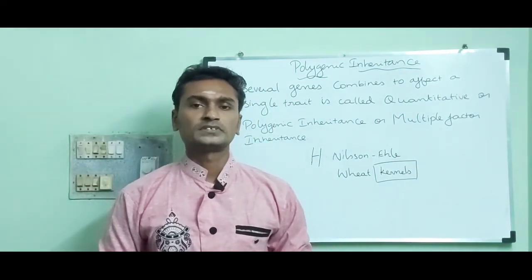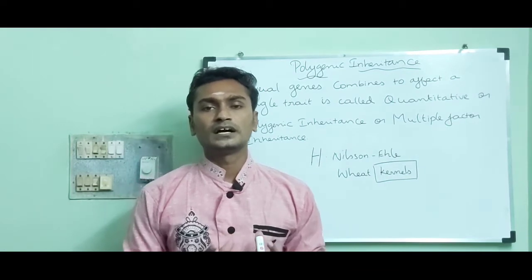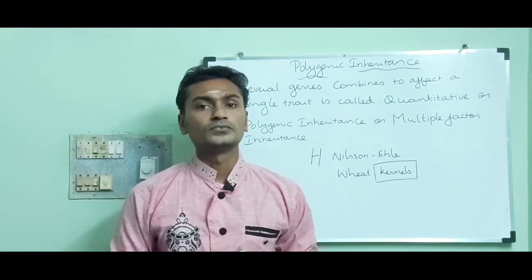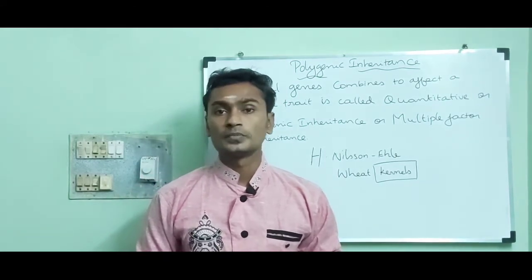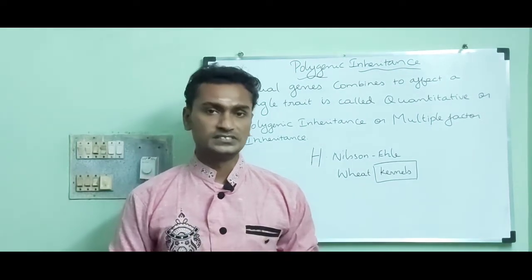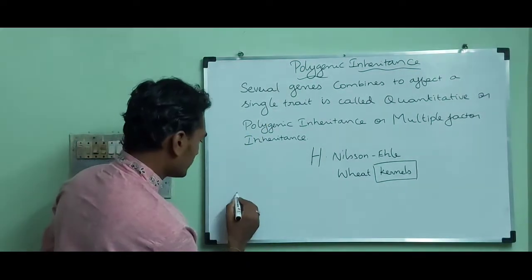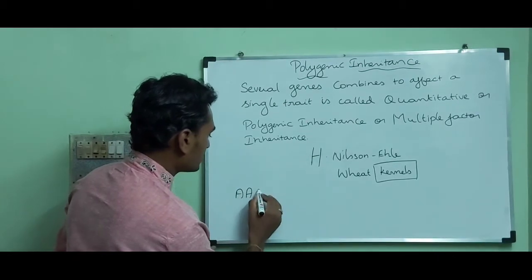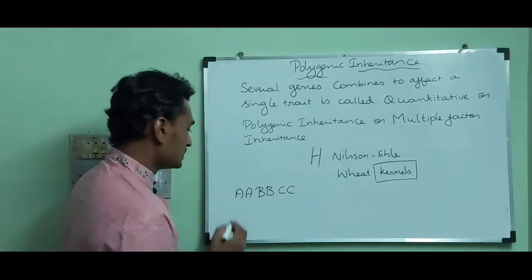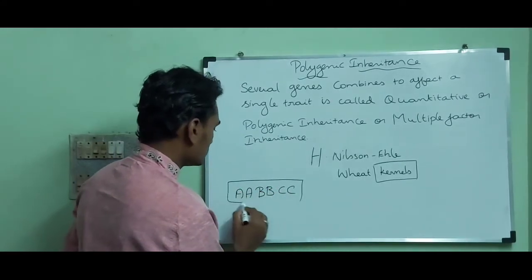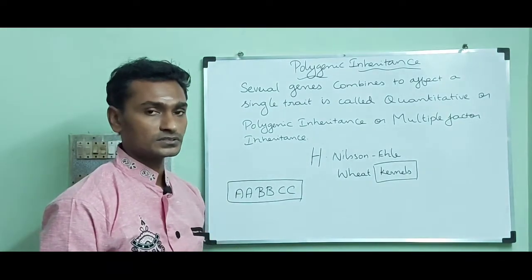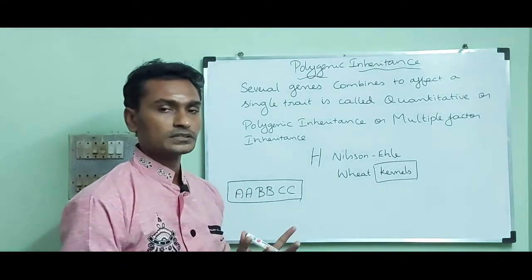That means the 3 independent pairs of alleles are involved in the color of wheat kernels. The 3 genes are capital A, capital A, capital B, capital B, capital C, capital C. These are the 3 pairs of alleles which are responsible for the wheat kernel color.